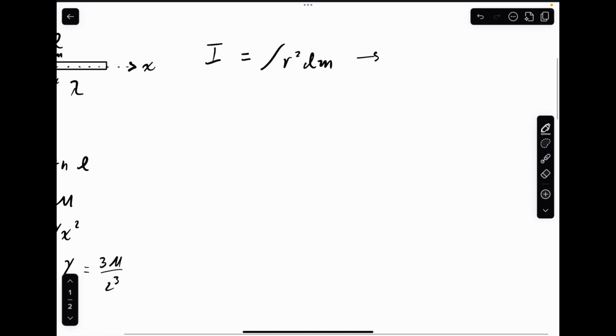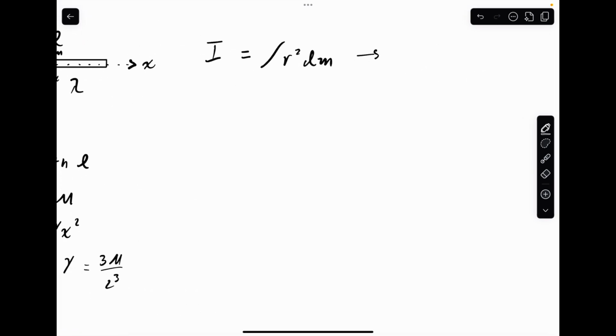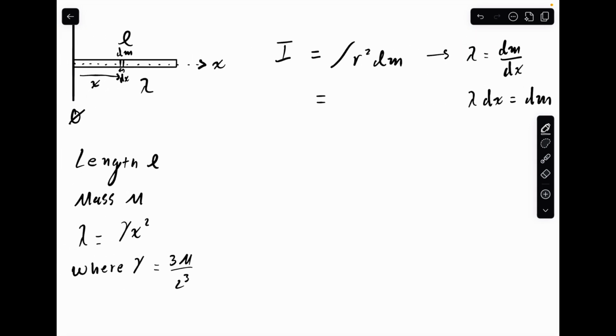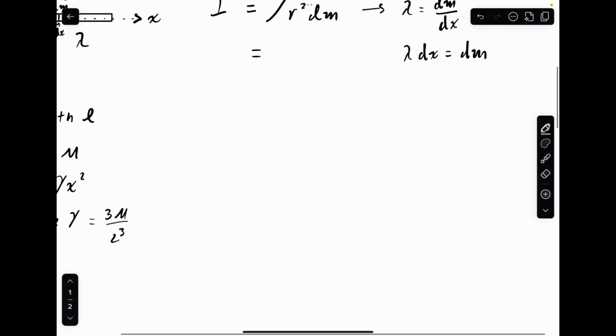We're going to go through lambda, because I know lambda is dm/dx. So lambda dx is equal to dm. Now we take this lambda that is equal to gamma times x squared, and sub that in here: gamma x squared dx equals dm.